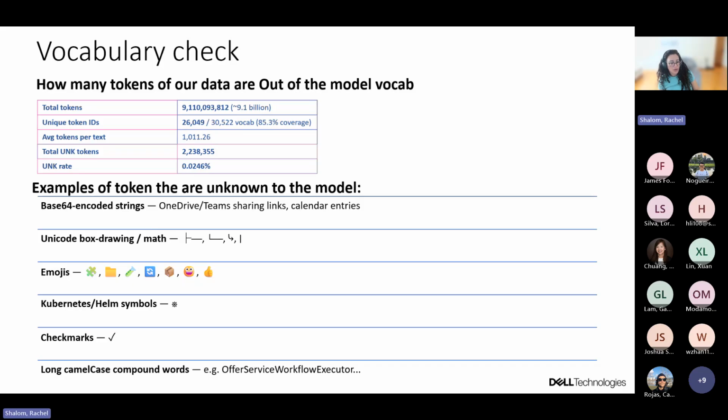Okay, so what else did we do in order to check or to understand if the model is working for us? Every model normally comes with a vocabulary. Vocabulary is a set of tokens that the model has seen.